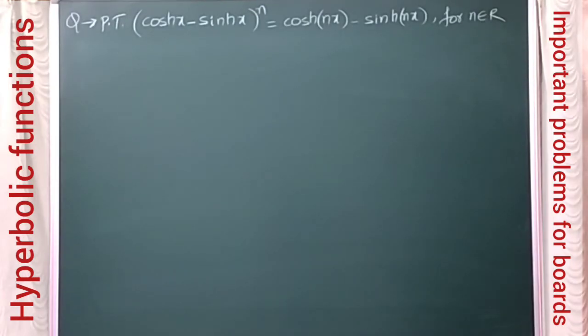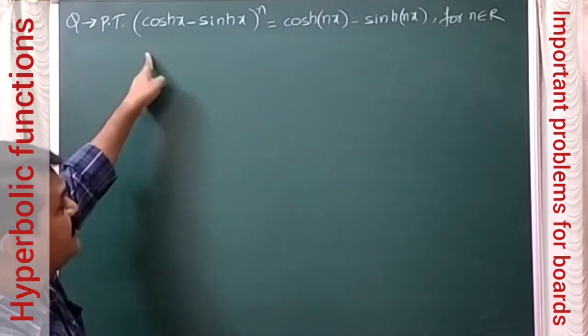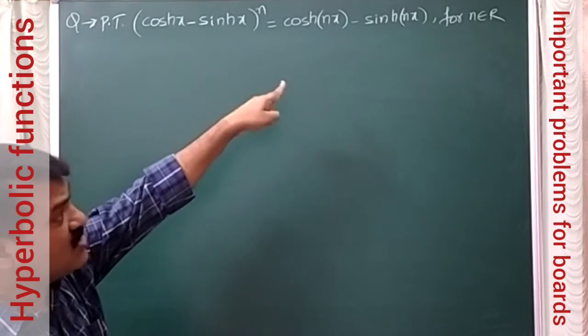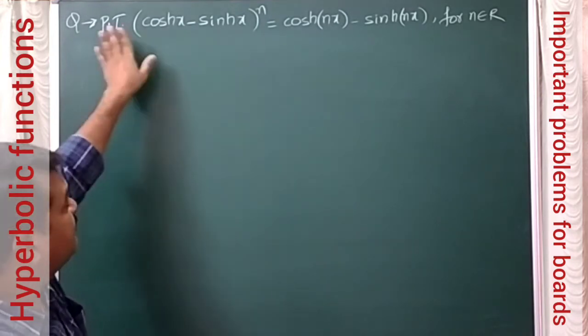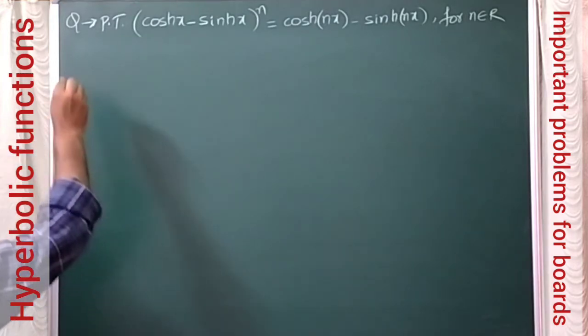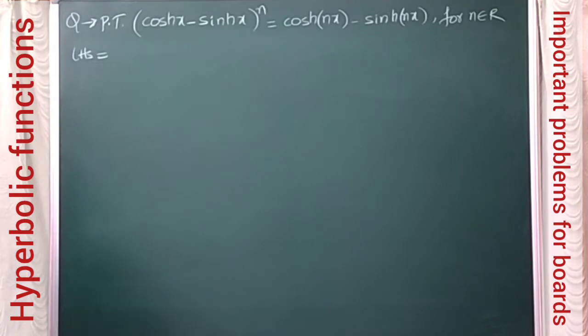Next question. (cos hx minus sin hx) whole power n is equal to cos h of nx minus sin h of nx. This we have to prove. Okay. So I will take LHS first, the left hand side.